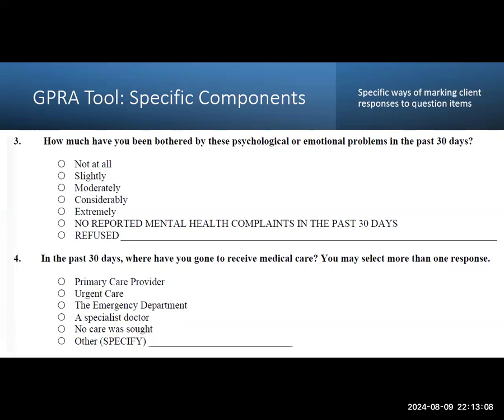So if a client doesn't know the answer to a question after you or another staff member explains it, or they refuse to answer a question where refused is not listed as a response option, then you should mark this by writing refused or don't know on the paper version. The same process should be followed if a question within the GPRA tool is accidentally missed or skipped and cannot be asked of the client.